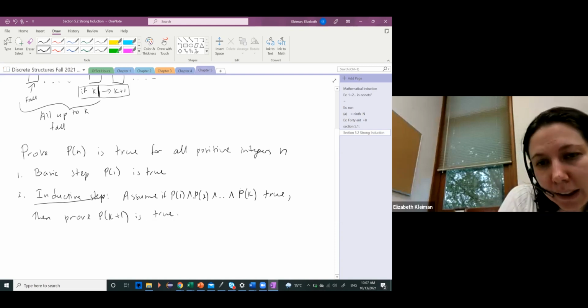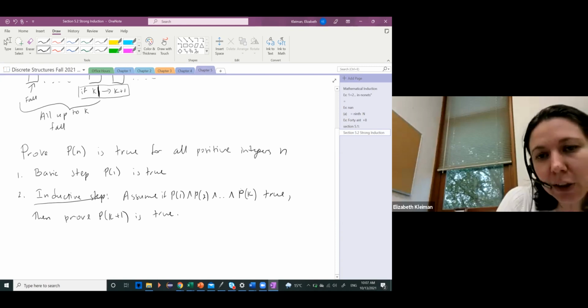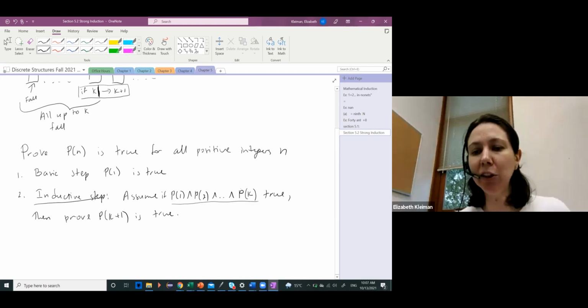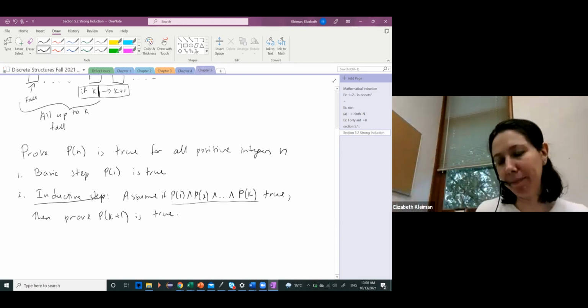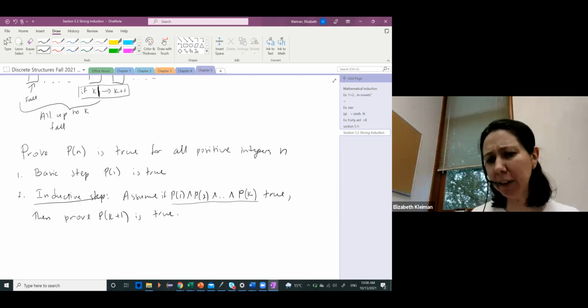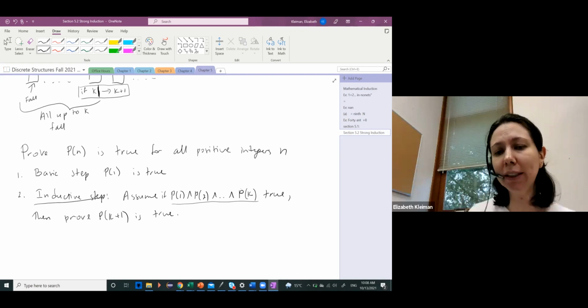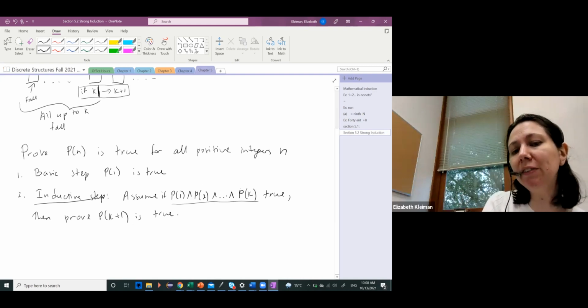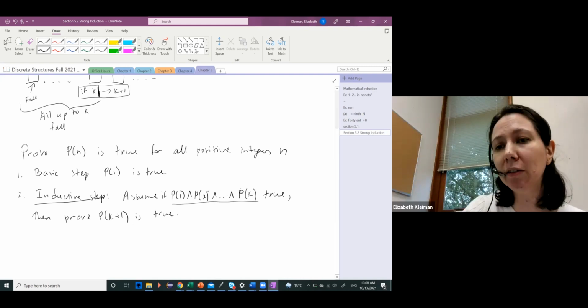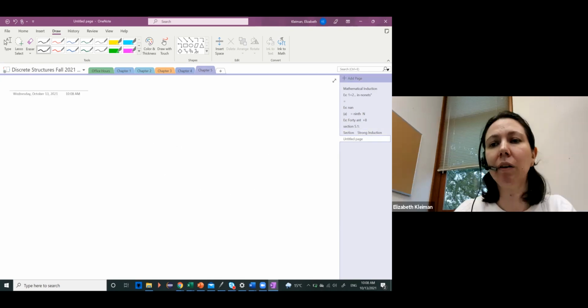So the whole difference here is instead of assuming Pk, I assume everybody before me. Do you understand the difference? But the steps are really the same. We're going to be writing almost the same things. The only thing is we are going to change our language a little bit. Okay?